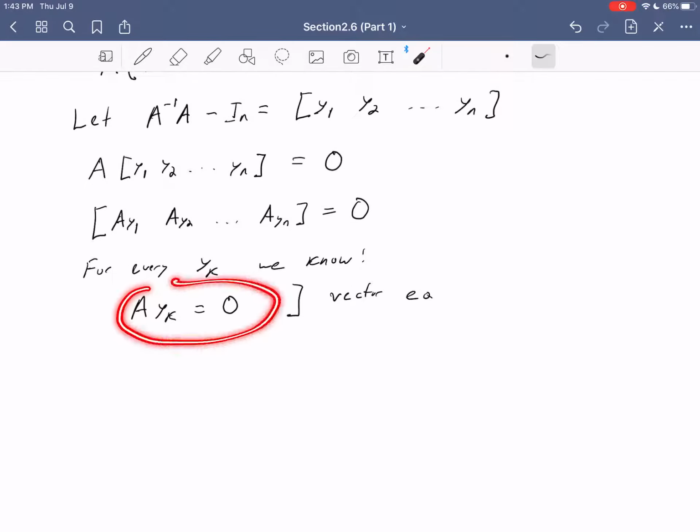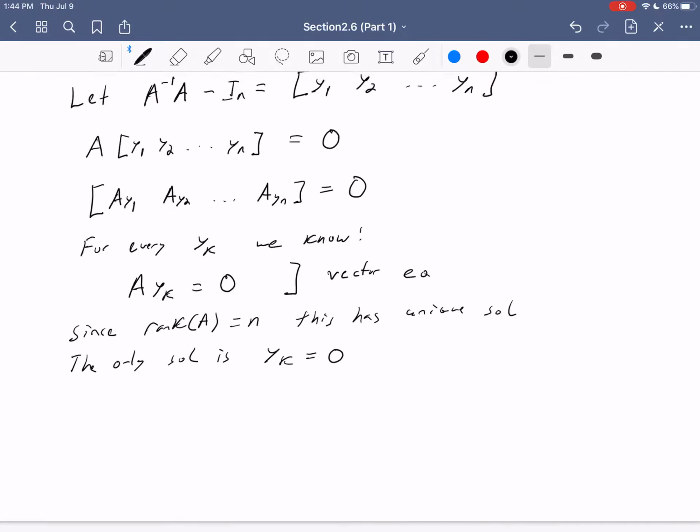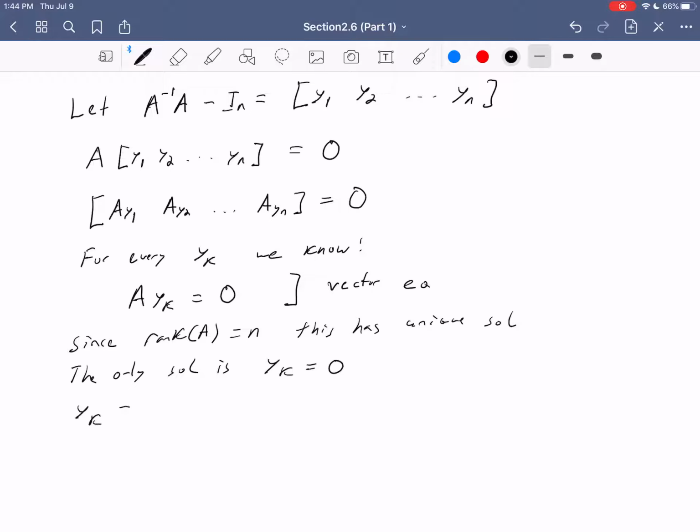Well, this again is a system that involves the coefficients with A. So since rank of A equals n, this has a unique solution. But we know a little bit more than that. It's equal to 0, meaning it's homogeneous. So what's the solution for all homogeneous equations? 0. Since it has a unique solution, we know the only solution is y sub k equals 0. So we now know that y sub k equals 0 for all k.